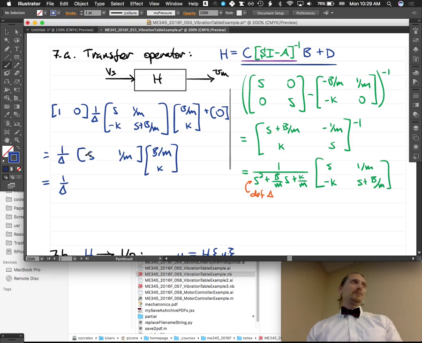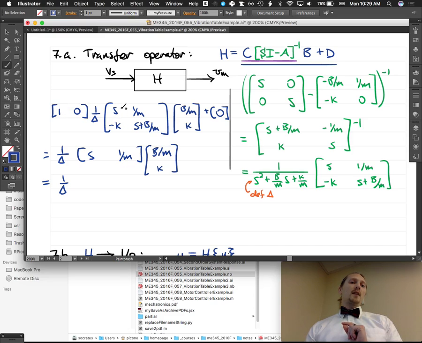Could you go over that part on the second part? You multiplied the C by B. This part? Yeah. Okay, so I pulled the 1 over delta out. And then I had a 1 by 2 multiplying a 2 by 2. So the inner dimensions collapse, and I'm going to end up with a 1 by 2. The first element of which is going to be this row with this column, right?